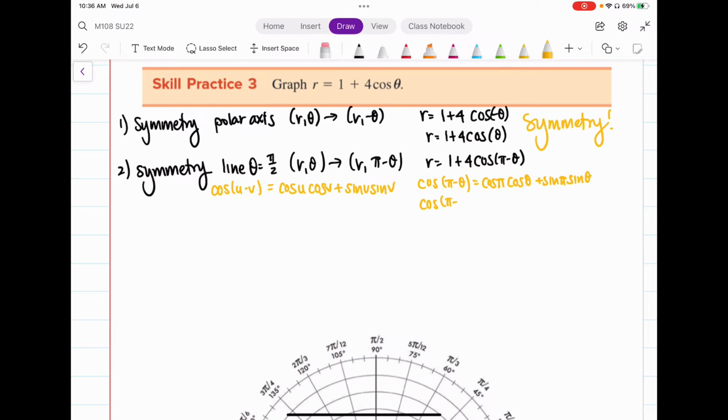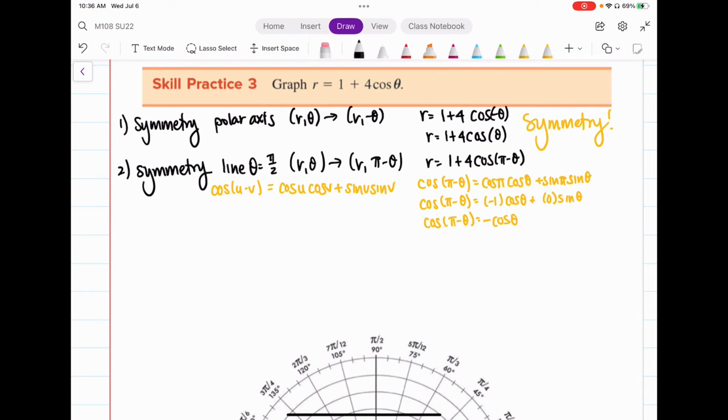Then the cosine of pi minus theta is equal to the cosine at pi, which is the x value at theta equals pi, and that's -1. So I have -1 times the cosine of theta plus the sine at pi, which is the y value at theta equals pi, which is 0. So then I have 0 times the sine of theta, which means that the cosine of pi minus theta is equal to negative cosine theta because 0 times sine is 0.